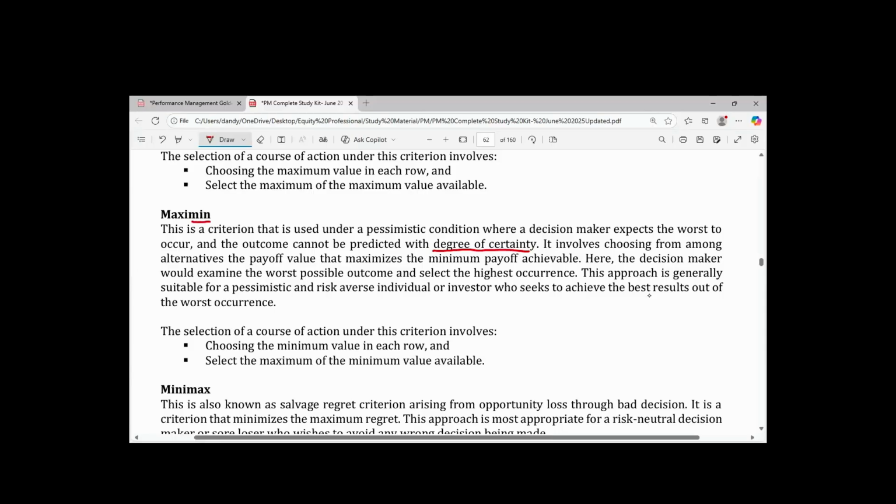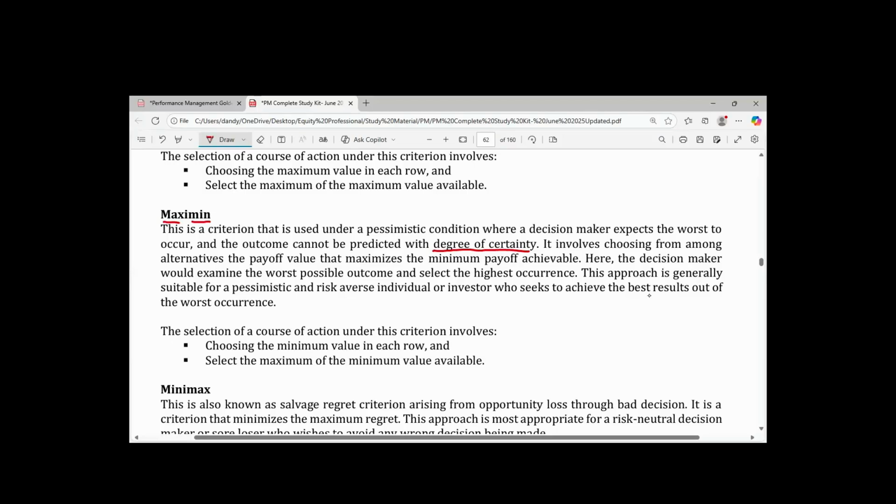Then, to make a decision, you select the maximum value among the minimum values you initially selected. Maximin is mostly preferred by a pessimistic decision maker who seeks to achieve the best results out of the worst occurrence.